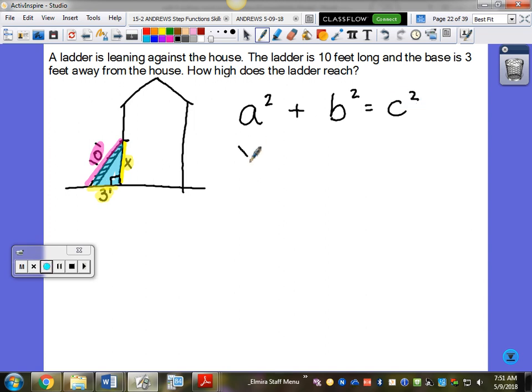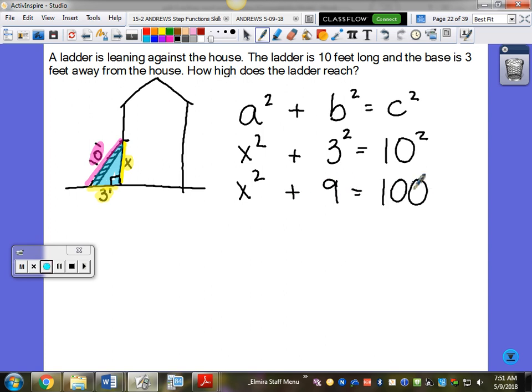So since one of my legs is a variable, I'm going to plug that in. My other leg is 3, and my hypotenuse is 10. 3 squared is 9, and 10 squared is 100. Minus 9 is 91.